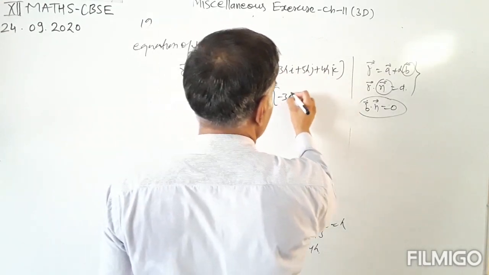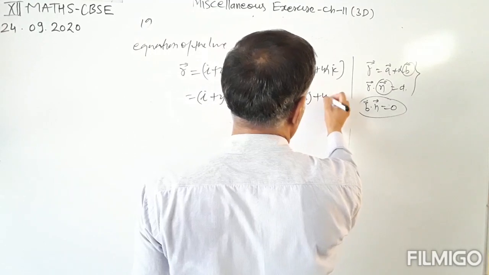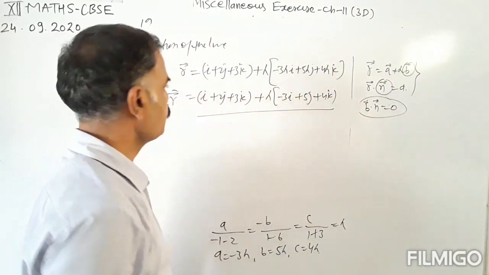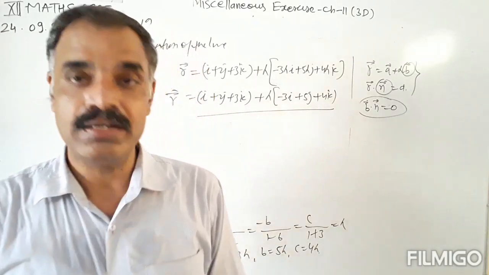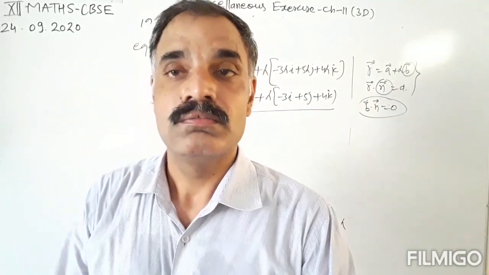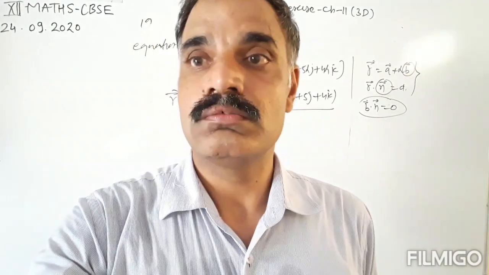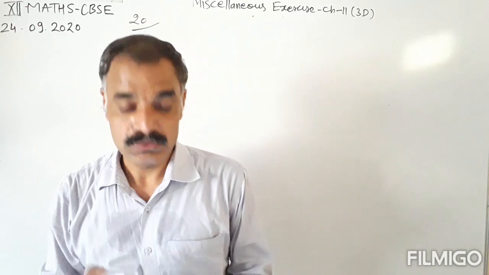This is the equation of the line passing through the point (1, 2, 3) and parallel to the vector b. Okay, now question number 20.